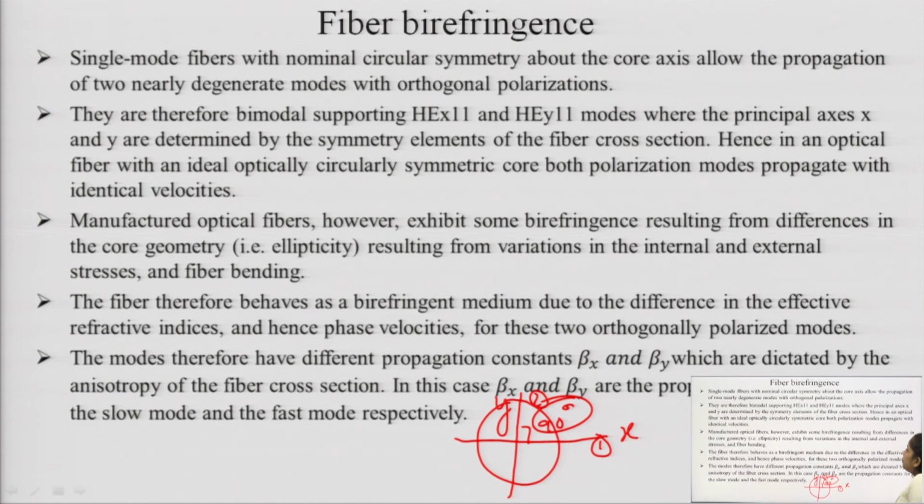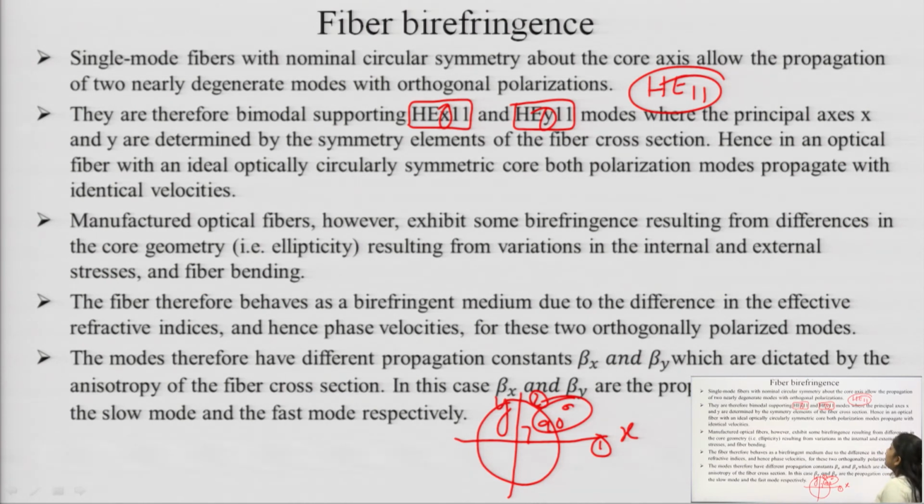They are therefore bimodal, supporting HEx11 and HEy11, that is, one is in the x axis and one is in the y axis, and both are the same HE11 mode, but one exists in the x direction and the other exists in the y direction, where the principal axes x and y determine the symmetry element of the fiber cross section.